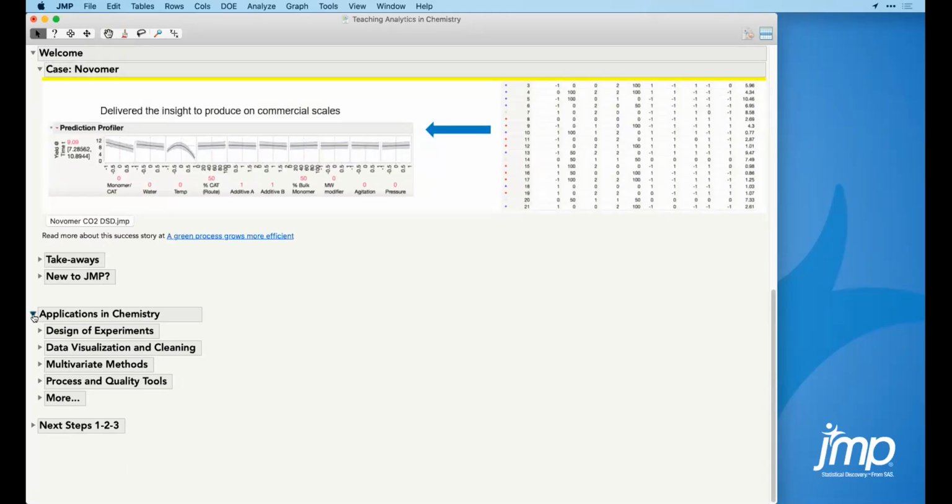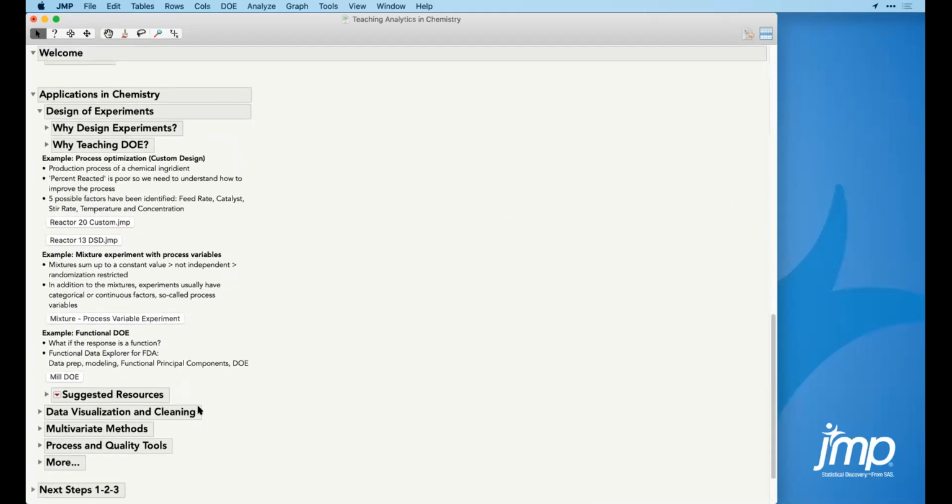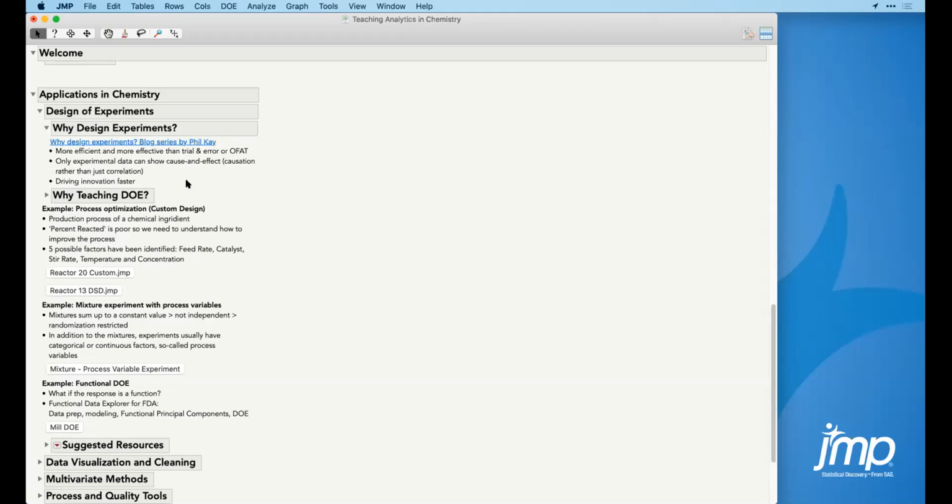So let me start with the first application. And for some good reasons, this is design of experiments. So if you are not used to designing experiments, you may ask, why do this?